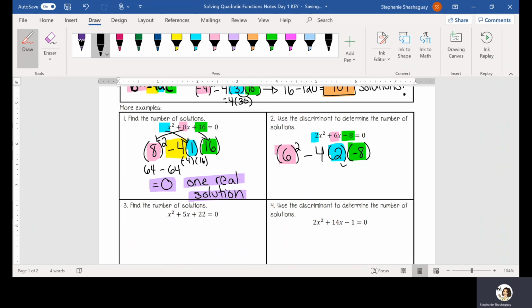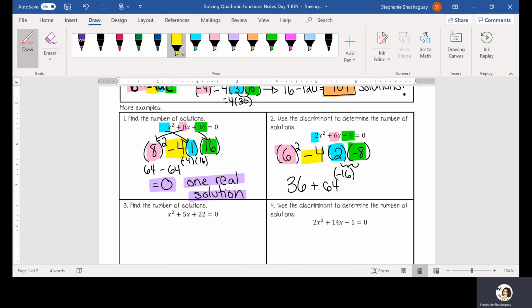Well, 2 times negative 8 gives me a negative 16. Okay, so negative 4 times a negative 16 is going to be 64. And then 6 squared, I have 36. I have a negative 16 times a negative 4, so it's going to be a positive 64, right?